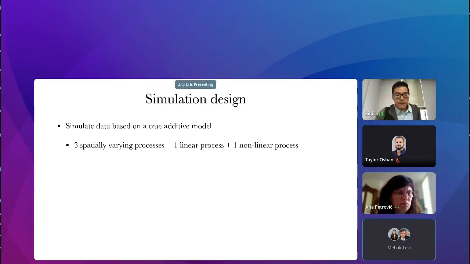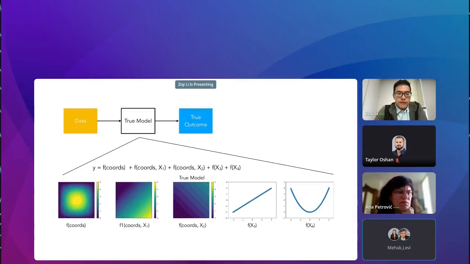To test the method, I did a simulation experiment. Here I simulate a true additive model with three spatially variant processes, which are processes with interaction between location and covariate, and then a simple linear and a simple nonlinear process. That's what the true model looks like.